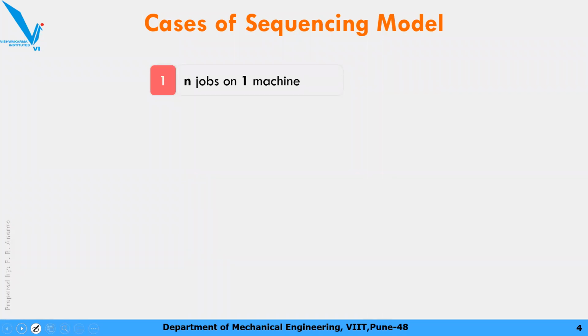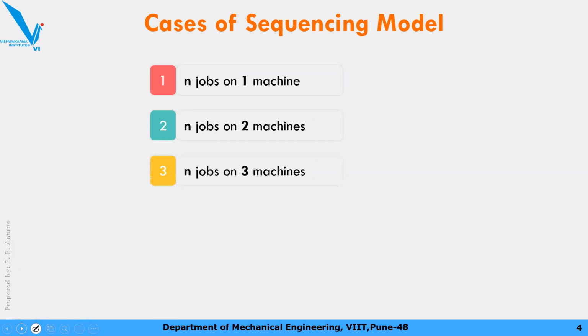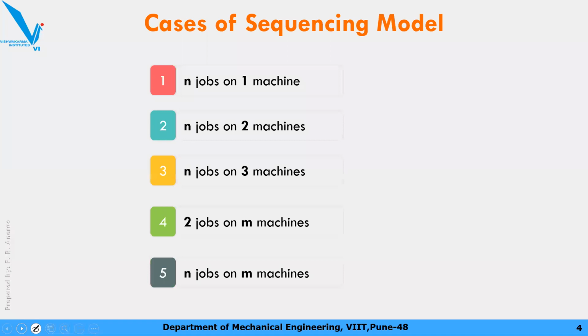You need to obtain an optimum sequence of how these n jobs have to be put in a sequence on only one operator, one processing facility or one machine. Second category is n jobs on two machines, then n jobs on three machines, two jobs on m machines, and n jobs on m machines. We will look at most of the cases given here.